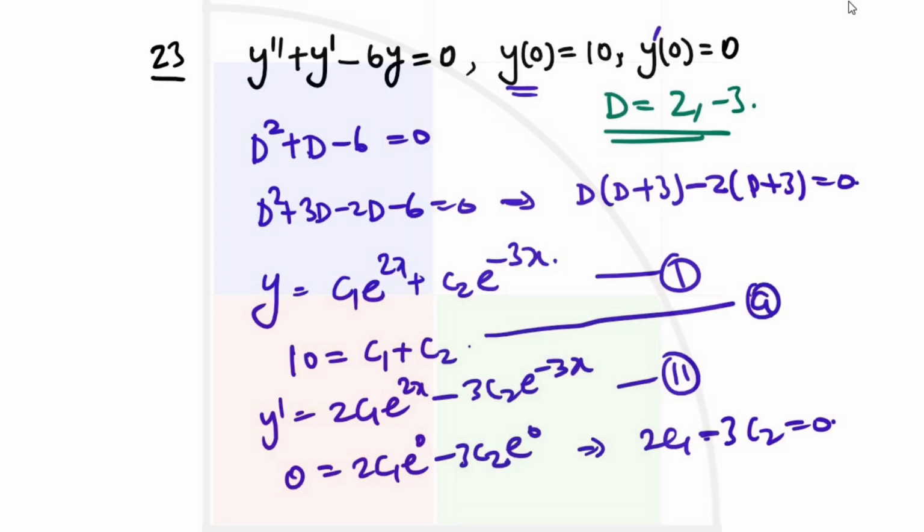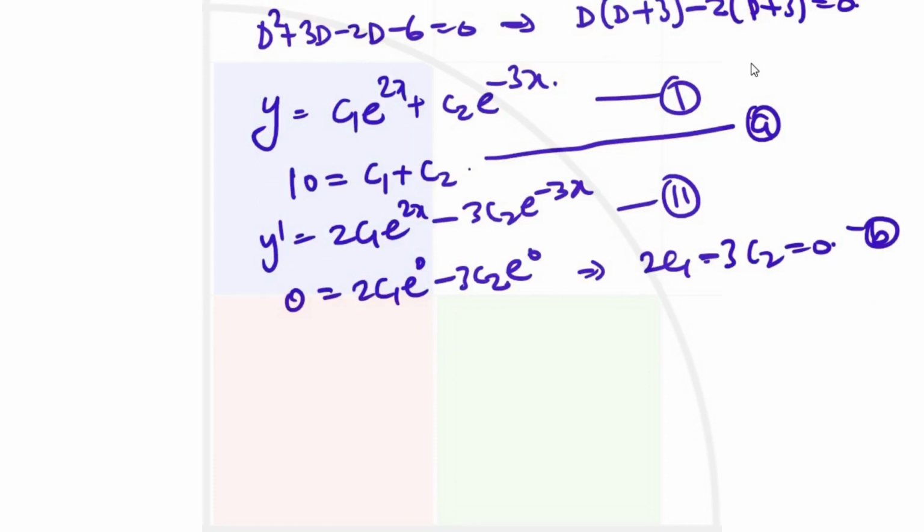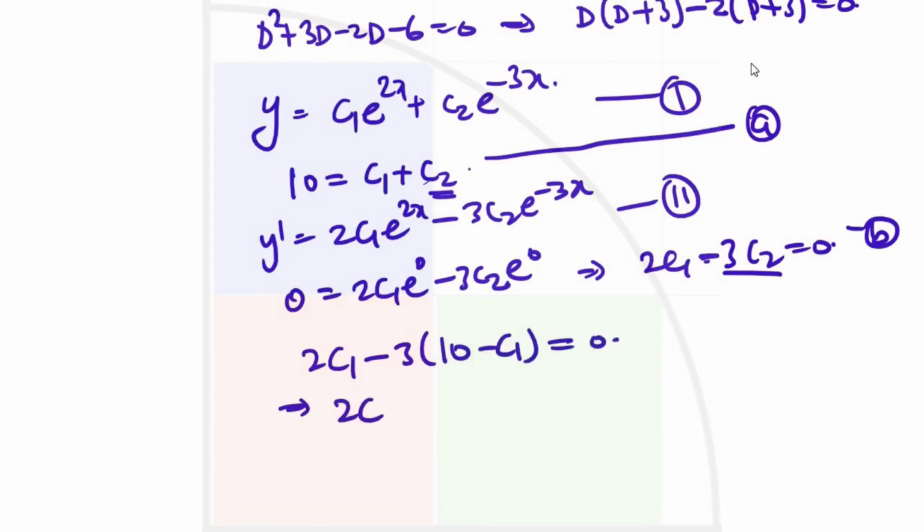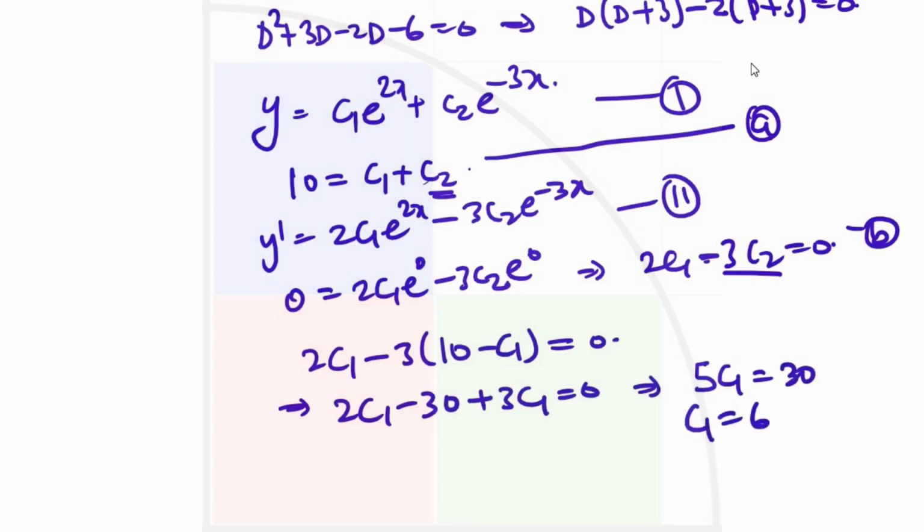This is equation A, this is equation B. I choose c2 is equal to 10 minus c1 here. 2c1 minus 3 times (10 minus c1) is equal to 0. This will give us 2c1 minus 30 plus 3c1 is equal to 0, or 5c1 is equal to 30, or c1 is equal to 6.